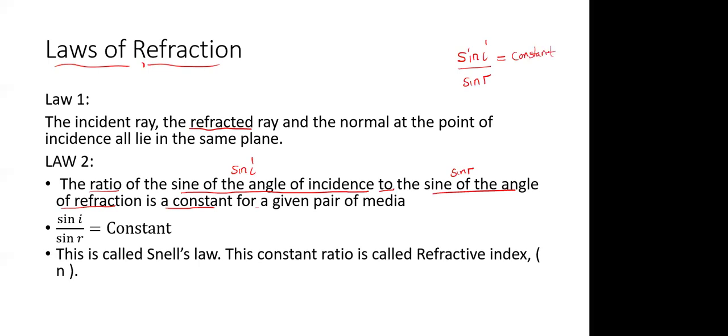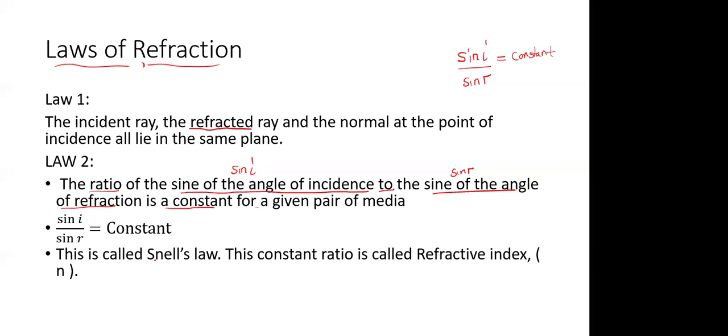Now, in O level, they used to tell you that you can just write this and then say sine i is equal to this, sine r is equal to this. But at this level, we expect you to say the law in words, that the ratio of the sine of the angle of incidence to the sine of the angle of refraction is constant for any given pair of media. That one should stick in your head. And now this law is what we call Snell's law.